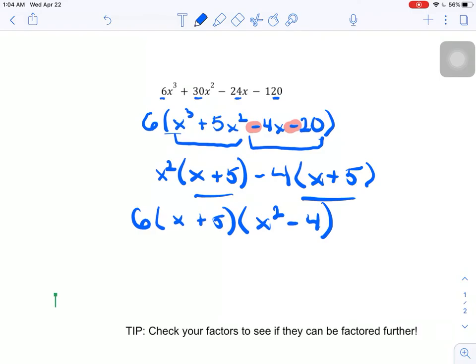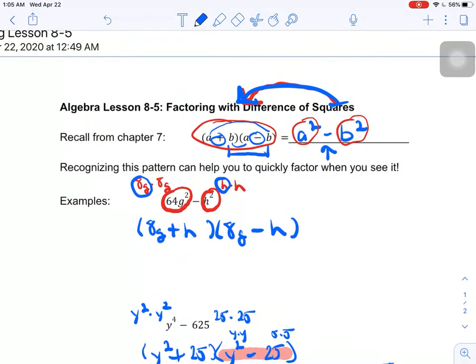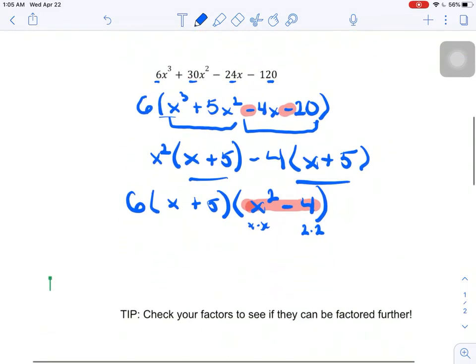Now, let's go back to our tip. Check your factors and see if they can be factored further. 6 definitely can't. x plus 5, well, that's pretty simple, so that one, not really. x squared minus 4, that's a difference of squares, because x squared can be broken down into x times x, and 4 can be broken down into 2 times 2. So that means we can use our shortcut from the top of the page to pull that apart.